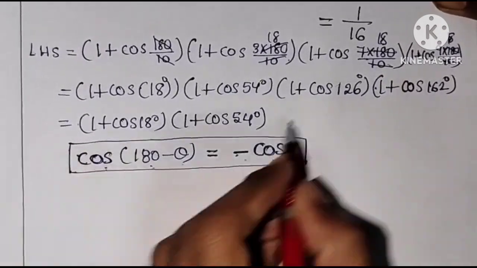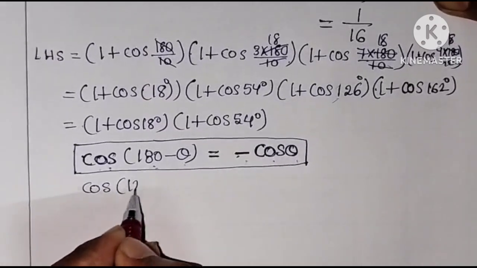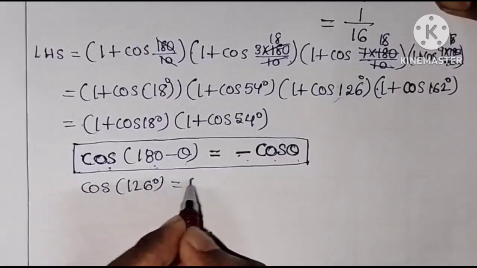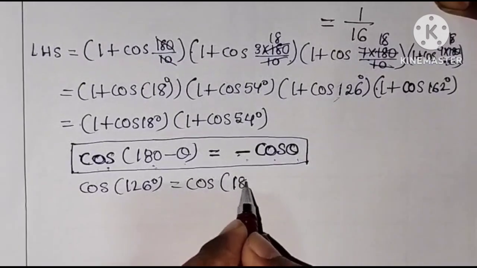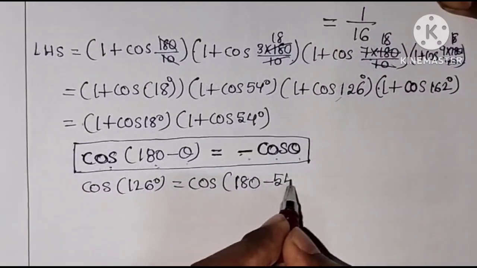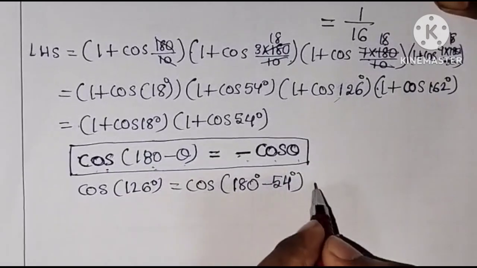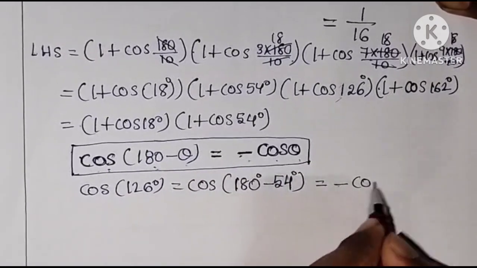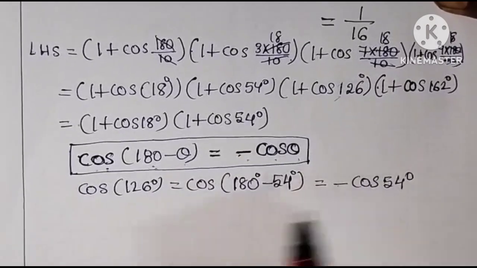Now see, cos 126 can be written as cos 180 minus 54 degrees. Am I right? 180 degrees minus 54 degrees. Now what is the formula? Minus cos 54 degrees.